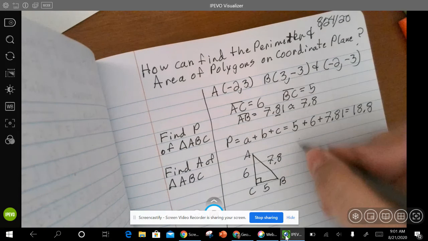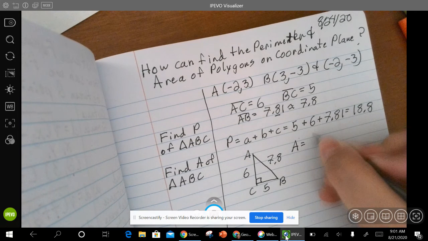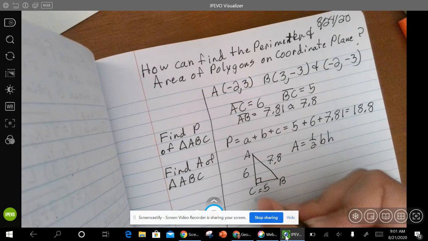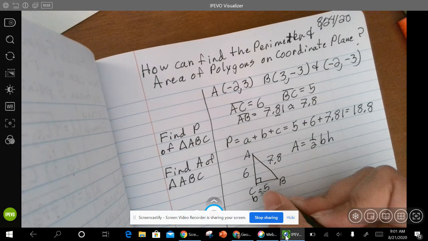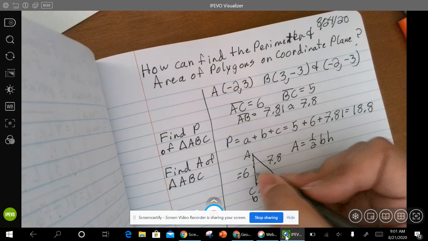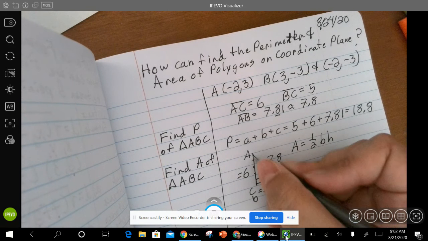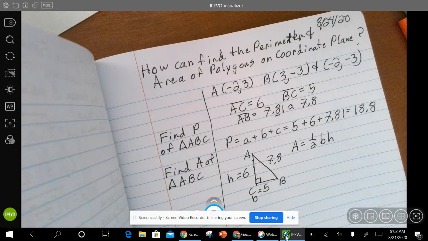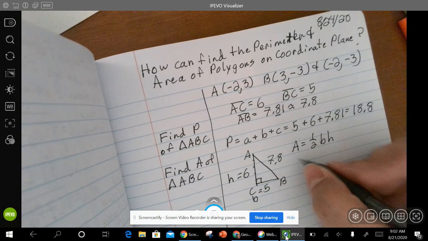Okay, so for area of a triangle, it's 1/2 base times height. Okay, so 5 is our base. Remember, it's all about that base, no trouble. Height, everybody think about it. If you take your height, it's going to be that vertical distance up and down. Okay, so we're at a right angle. And we're going to substitute those in.